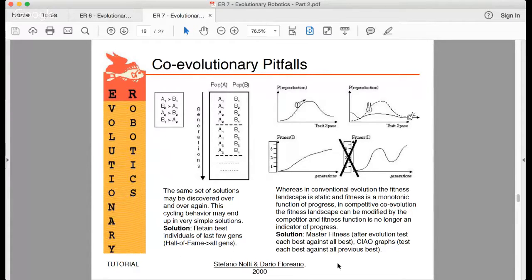On the right side of the slide, which uses conventional evolution, the fitness landscape is static and fitness is a monotonic function of progress. In the competitive coevolution, the fitness landscape can be modified by the competitor and fitness function is no longer an indicator of progress. Solution in this case could be master fitness or Hall of Fame graphs.